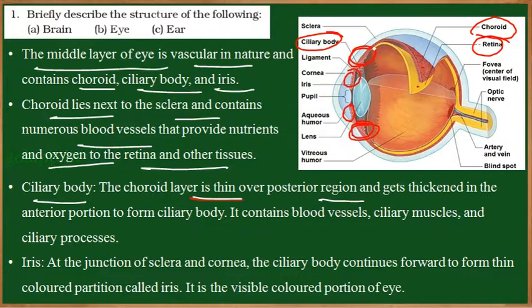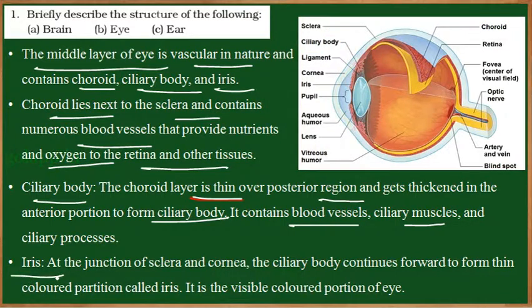As it comes to the front, it becomes thicker and thicker, and this thickness gives rise to the formation of the ciliary body. This also contains blood vessels, and muscles are present called ciliary muscles. So these muscles help to hold the lens in its position and help in accommodation, to change the shape of the lens so that there can be a proper vision.